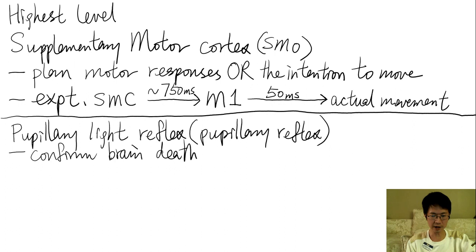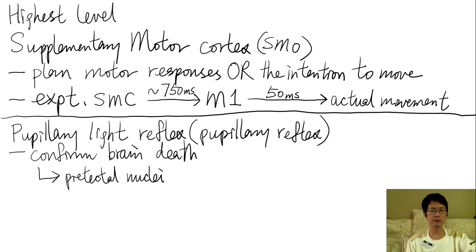Because the pupillary light reflex relies on pretectal nuclei. If your brain is dead, then the pretectal nuclei will become inactive. When your pretectal nuclei become inactive, then when you shine the light into the eye, you don't see any changes in the pupil.